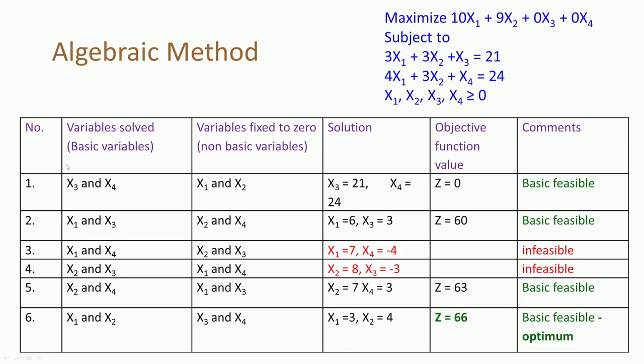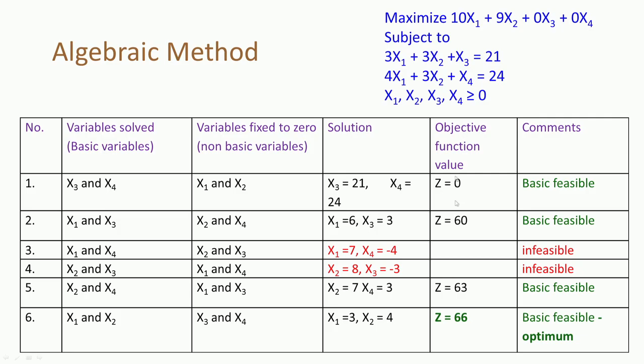Now, let us assume that we had evaluated number 5 and we have a solution with 63, and let us assume that we have not evaluated the second solution. Now, is there a way not to evaluate the second solution, because even if we evaluated it, we are going to have 60 as the objective function value, and since we are maximizing the objective function, there will not be a way by which solution number 2 can be optimum if we know that there is a solution with 63.